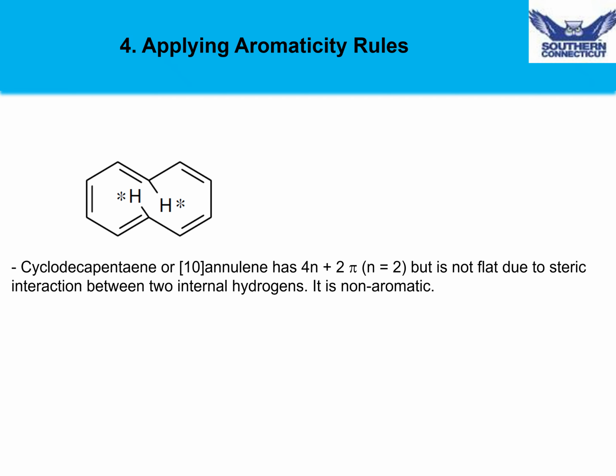This next compound is 10-annulene, or if you want to use the IUPAC naming system, cyclodecapentaene. It has 5 double bonds. If this molecule were flat, it would have an uninterrupted pi cloud.